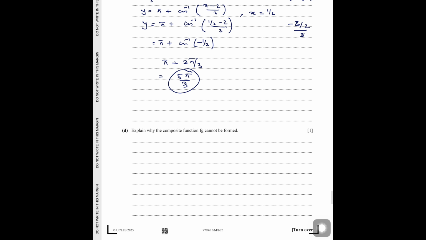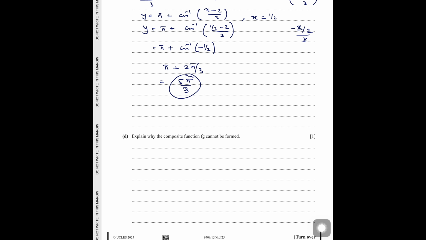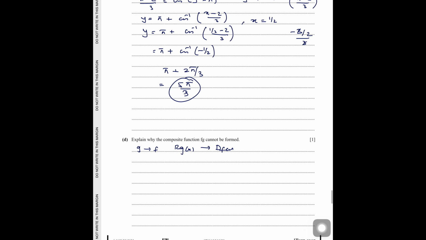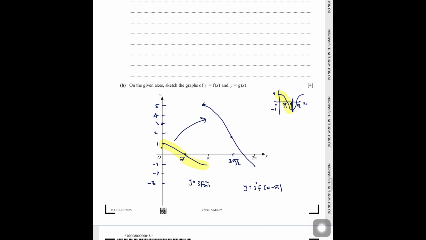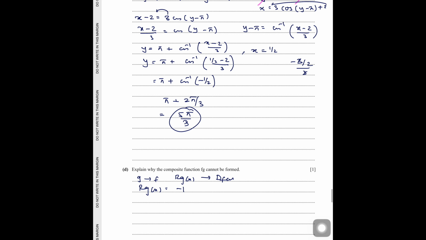Explain why the composite function fg cannot be formed. Now for fg to form, g should be part of f. What does it mean? Range of g(x) should be part of domain of f(x). So let me see the range of g(x). Range of g(x) is negative 1 to positive 5, negative 1 less than or equal to y less than or equal to 5.